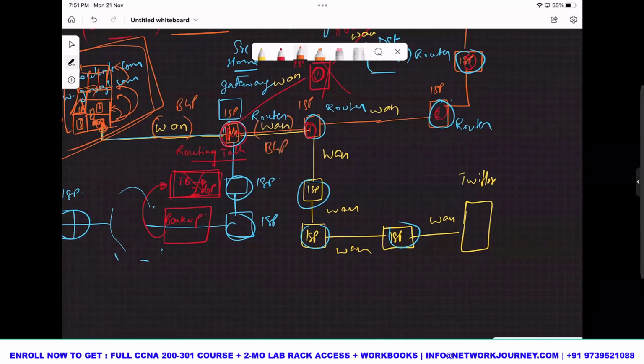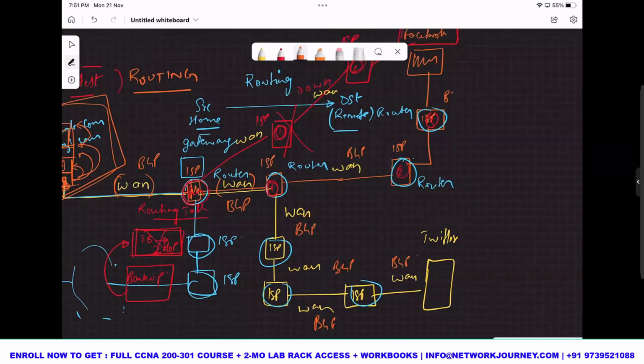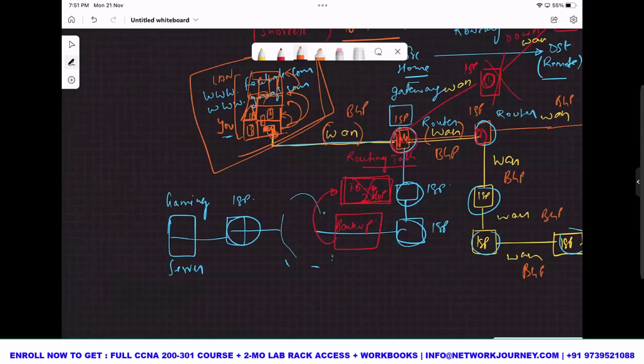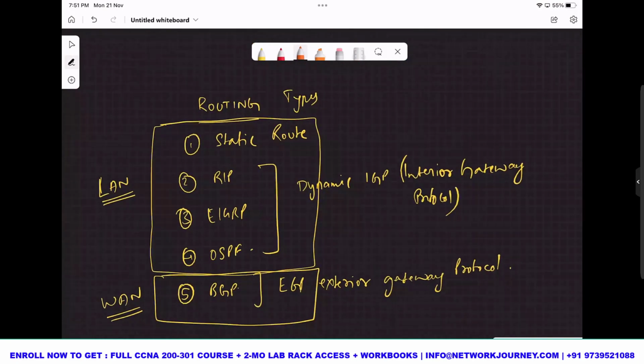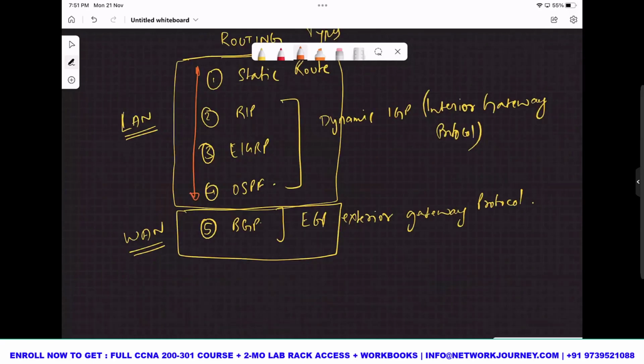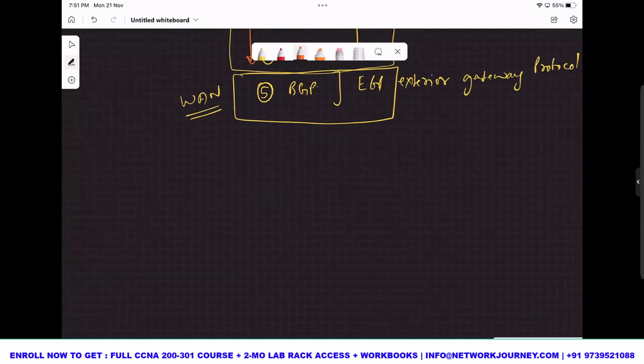Wherever you see WAN, you should think about BGP, because BGP is making the routing decisions. Whereas on the LAN side, you have these options: static route, RIP, EIGRP, OSPF. Now we will talk about why so many.